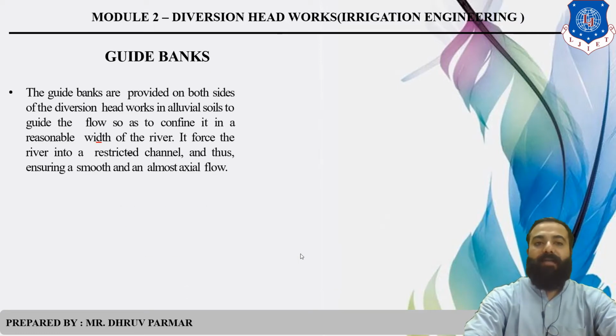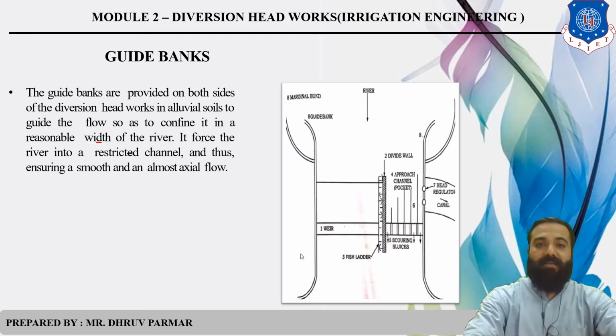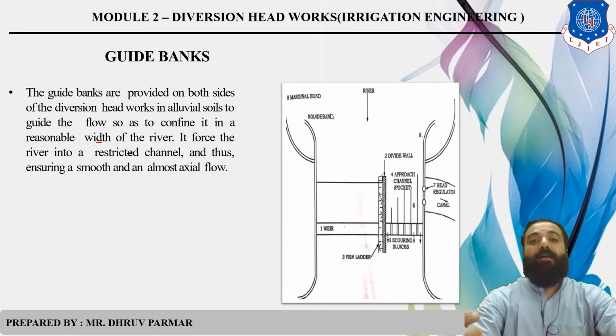The next one, guide banks. You know guide banks? These are the guide banks, also called marginal bund. Guide banks are provided on both sides of your diversion headwork in alluvial soil.